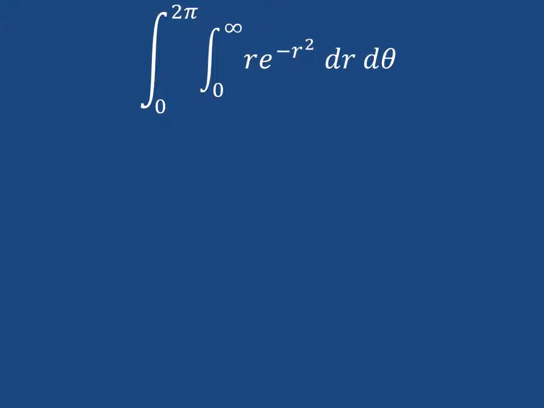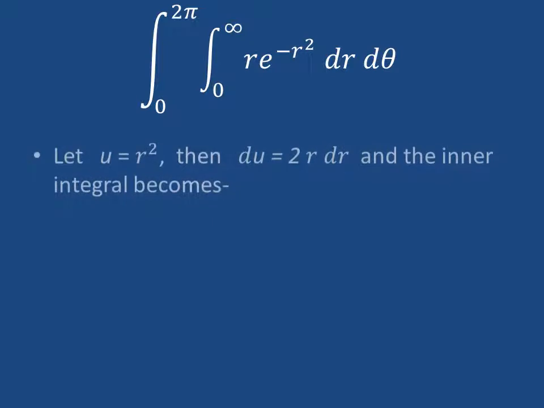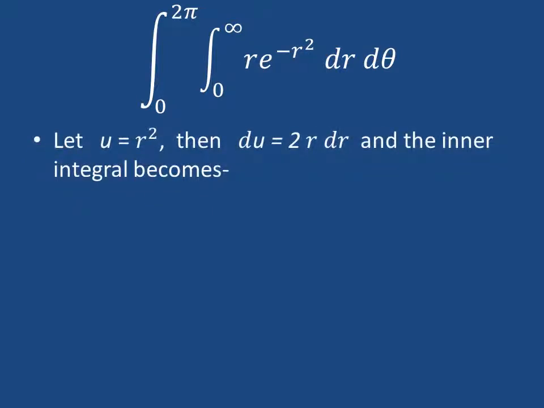And when we do, we get the following double integral integrated over the entire xy axis, meaning that the inner integral in terms of r is evaluated from 0 to infinity, as r, in other words, as the radius goes from 0 to infinity, and theta goes from 0 to 2 pi. Notice that the function r times e to the negative r squared is a manageable function, one that you should have seen many times before as a calculus student.